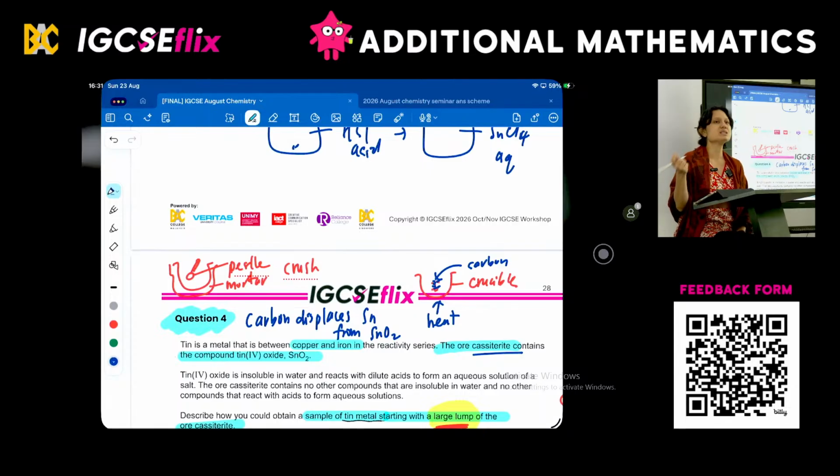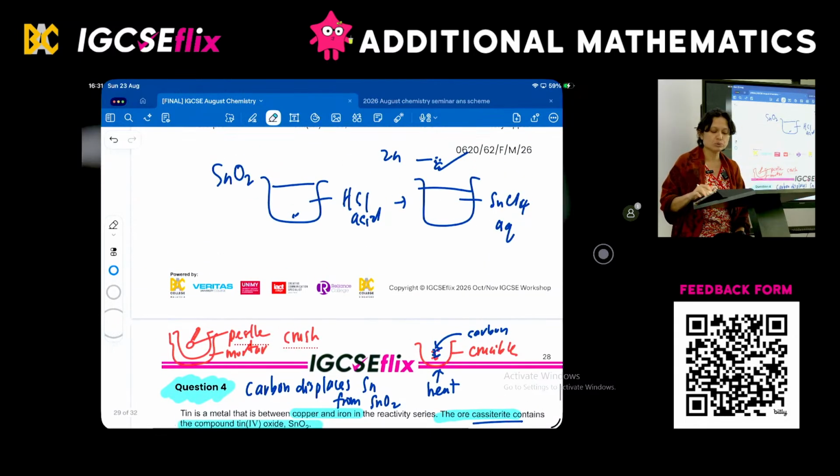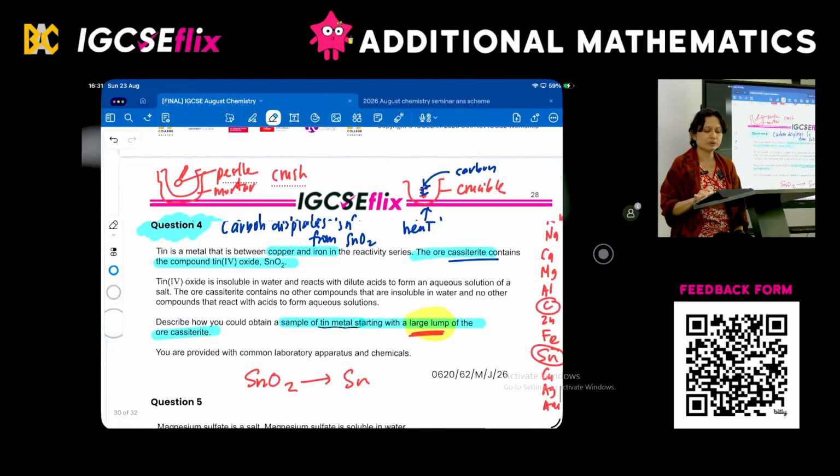Everything is solid, you just heat it up. This is the one that you just heat in a crucible. You know blast furnace, how iron oxide can react with carbon to form iron and carbon dioxide? Same thing. In the blast furnace, it's all solid, right? If you don't want to do solid, you can use aqueous solution, but why do you want to make your life difficult?